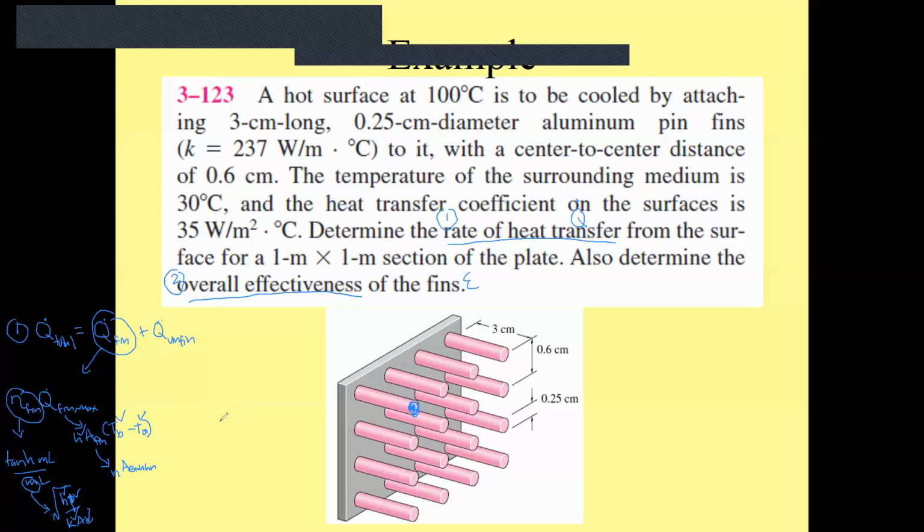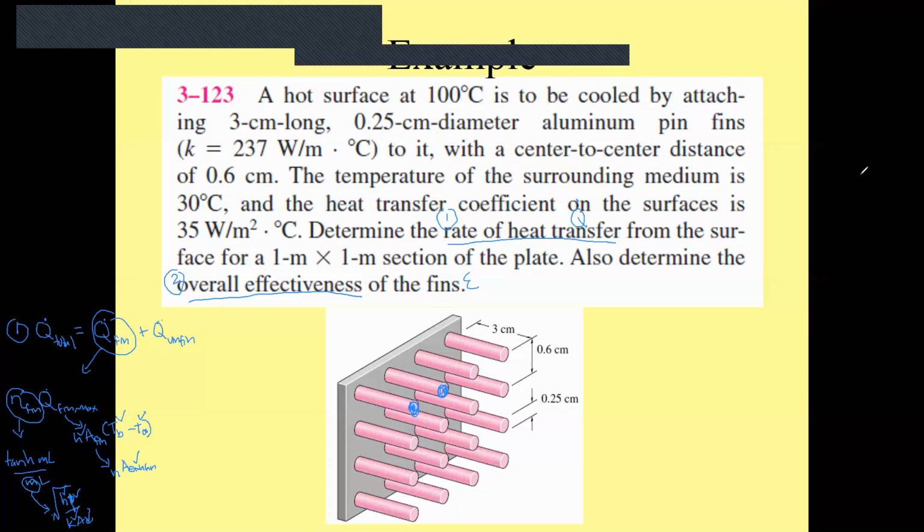So the area of each fin is the area here plus the lateral area of the cylinder. That's this area. But how do you find how many fins? Now you have to illustrate this.